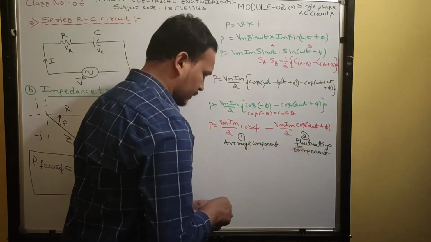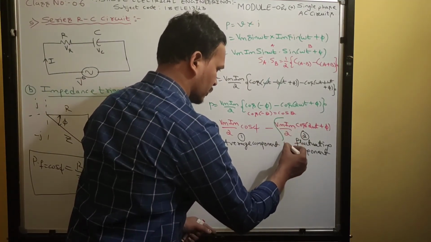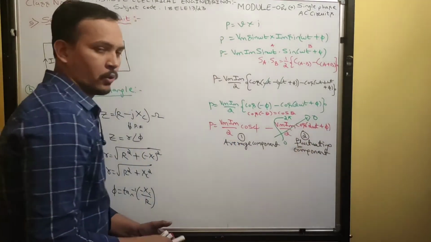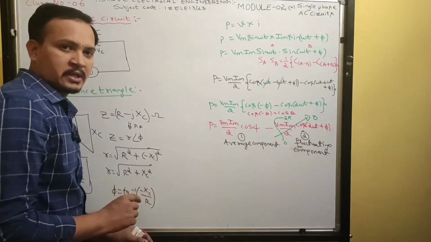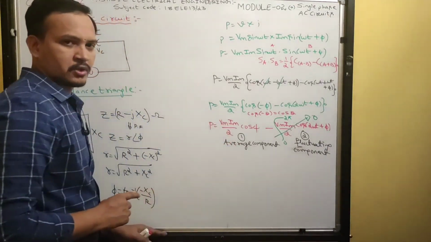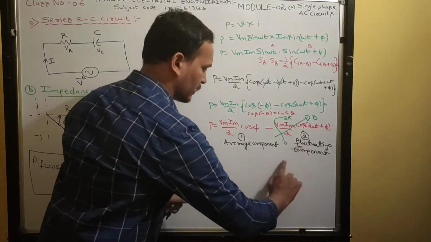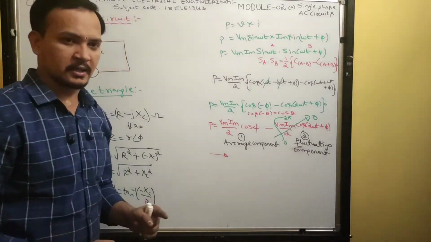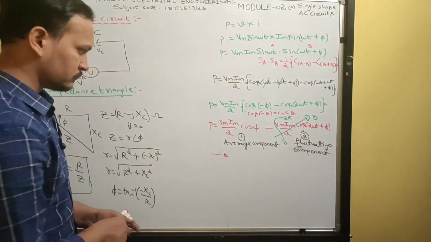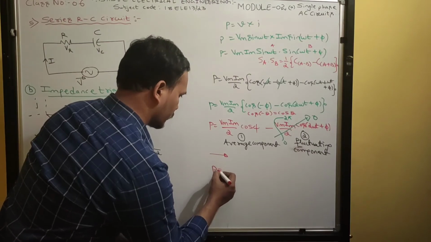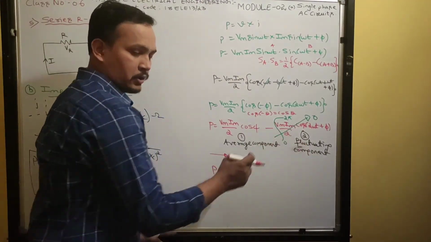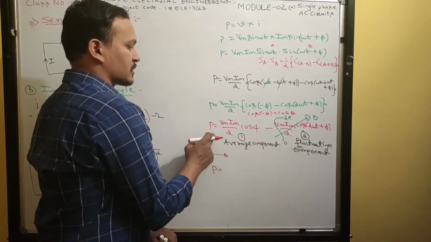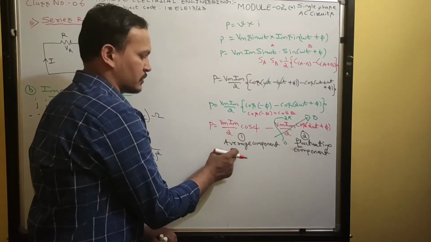So if I integrate the fluctuating component over one cycle, its average value is always 0. Therefore, the power is consumed only by the average component. This sentence you should write here. Understood? So you should write the sentence that I dictated.